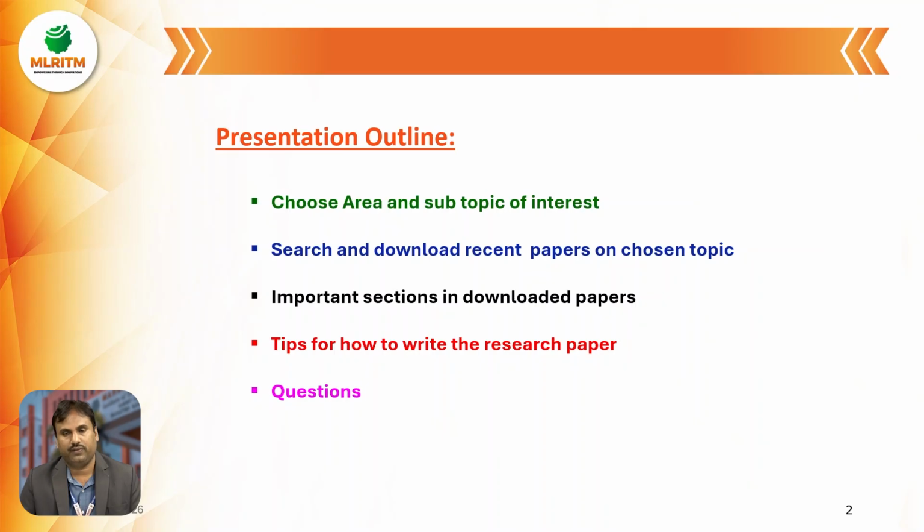Then we get our new results, and after that we go for writing a paper. As of now, I have published more than 70 papers, including book chapters, journals, patents, and conference papers. Based on my experience, I would like to discuss all these things, so maybe it will be helpful for you.